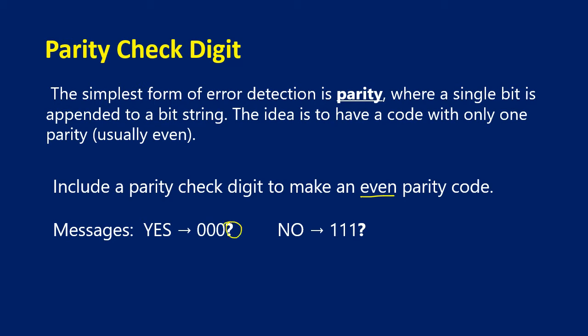This should be 0, so that we have no ones at all. So that's even parity. Now, in this case, what will we append? We have 3 ones here, but we want it to be even. So this becomes 1. Okay, so that we have an even parity code.